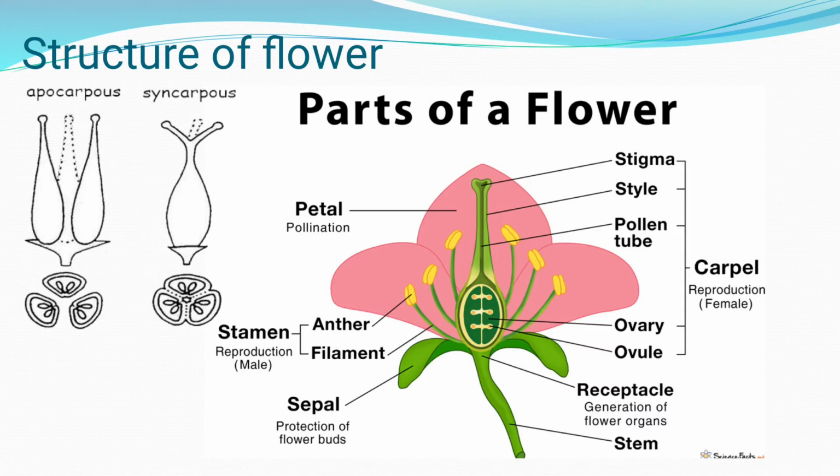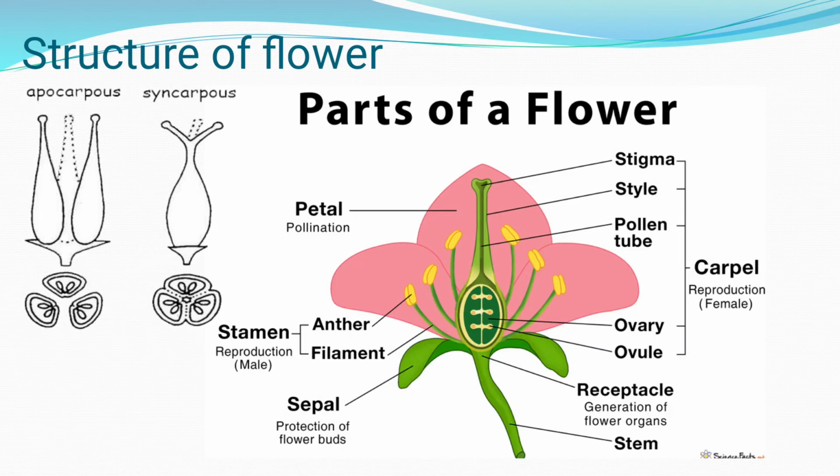After that there is a green petal-type portion called sepals, and above there are petals. After that, the most important thing, the male reproductive part called the stamen, having anther and filament. That yellow colored small ball-like structure is the anther, and at the bottom a stick-like structure is the filament.